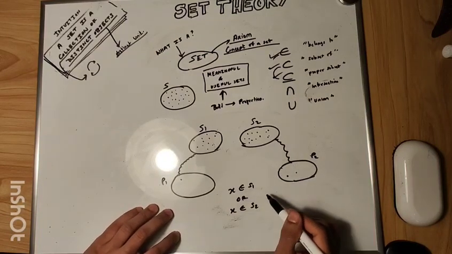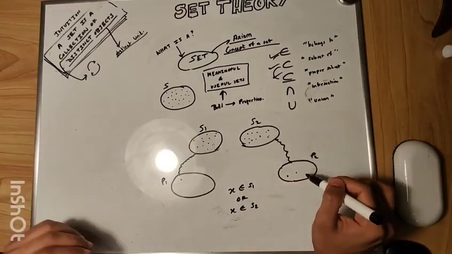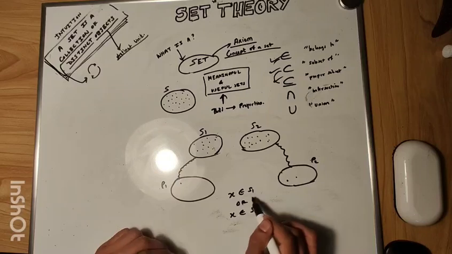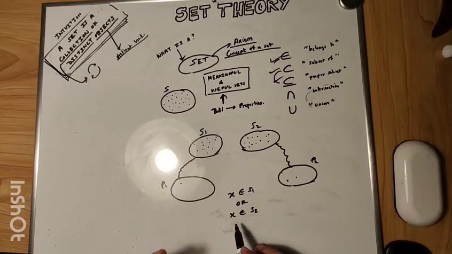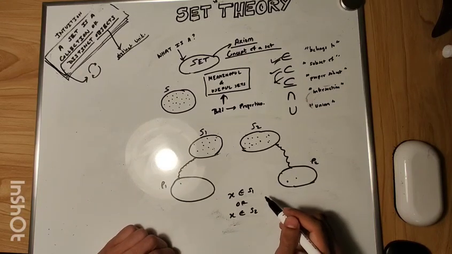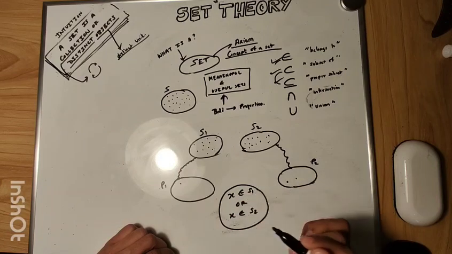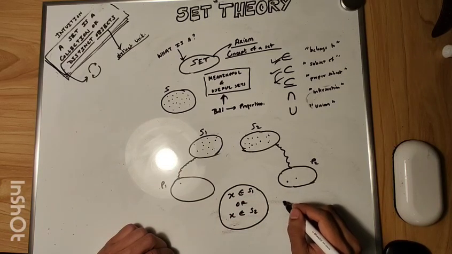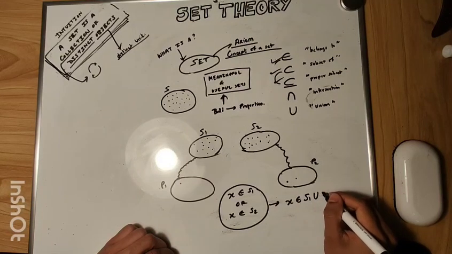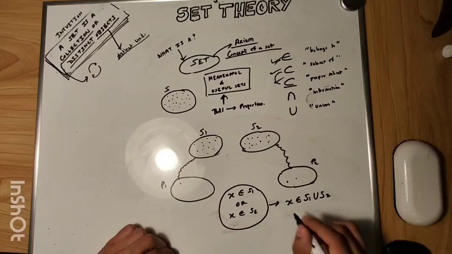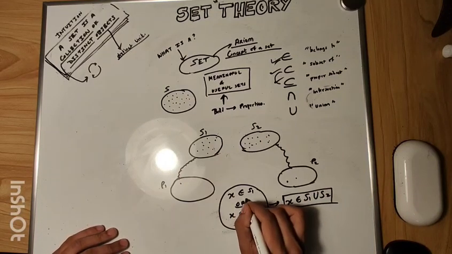I can say an element satisfies a property, but it actually means the same as X belongs to S1, or X satisfies P2, which is the exact same thing as saying X belongs to S2. So if X belongs to S1 or X belongs to S2, we have X belongs to S1 union S2. And the keyword here is OR.